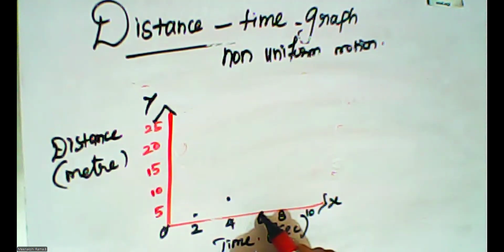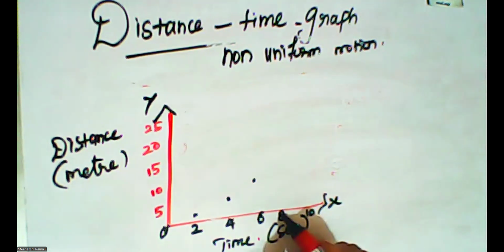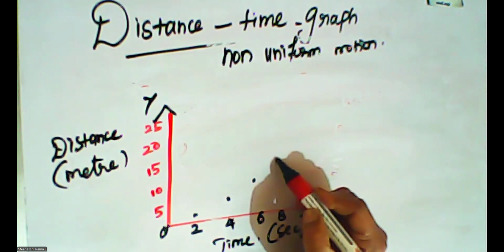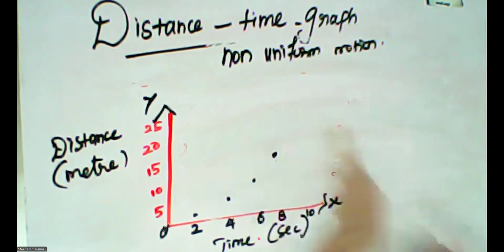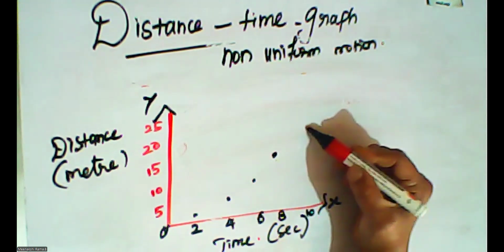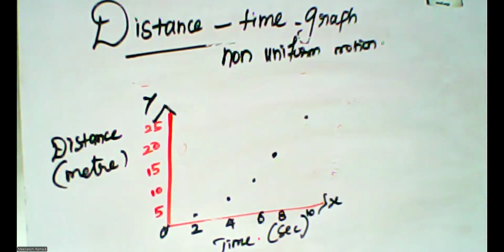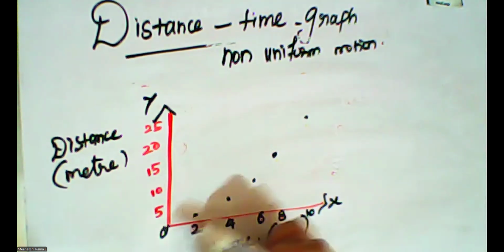And then at 6 seconds he has crossed 8 or 9. And then at 8 seconds he has crossed 14 meters. And then at 10 seconds, 22, like that. Okay. So I want to join the dots.